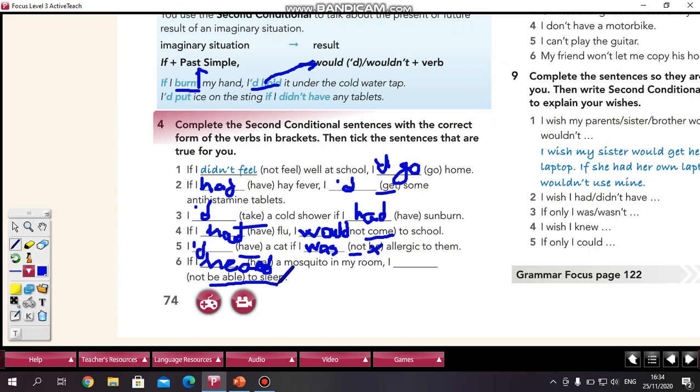So, wouldn't be able to sleep, just write would not be able to sleep. So these conditional sentences are not so hard for you. Just think about the sentence, what would happen if, and it's going to be much easier for you.